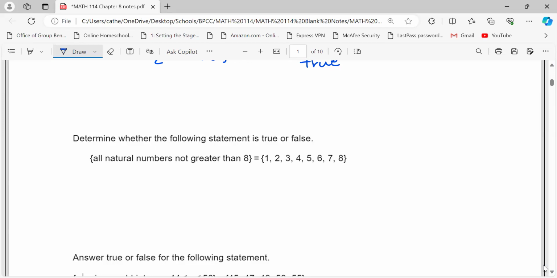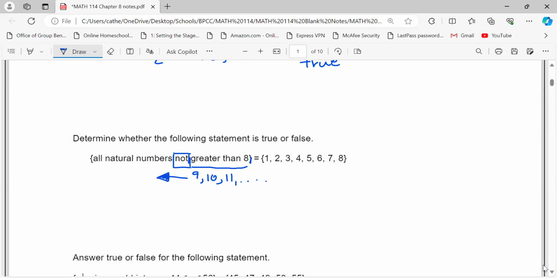All natural numbers not greater than 8. So greater than 8 would be what? Let's just think about that for a second. Don't worry about anything else. Greater than 8 would be 9, 10, 11, and so forth. So the numbers need to be not greater than, so less than 9.